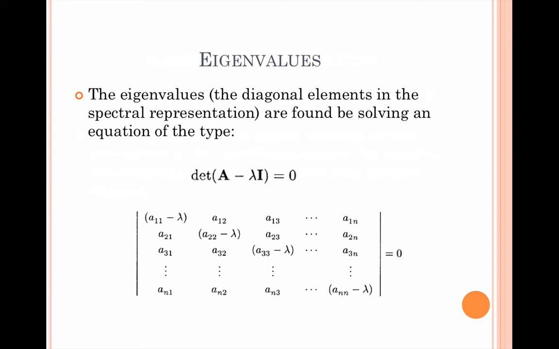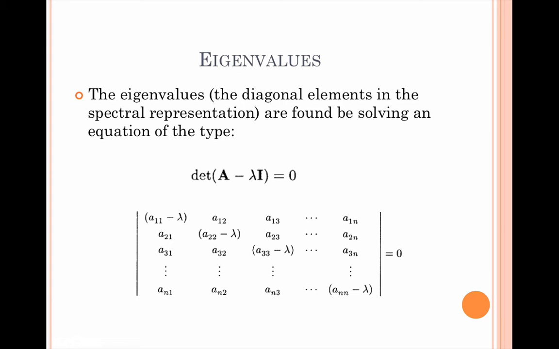When we calculate the eigenvalues of a matrix A, first we take A, then we subtract along the diagonal the quantity lambda, and then we take the determinant of the resulting matrix and put this equal to 0.